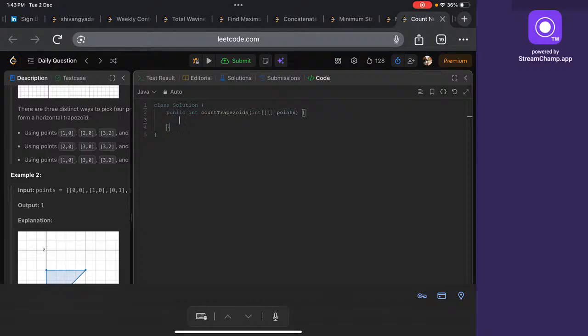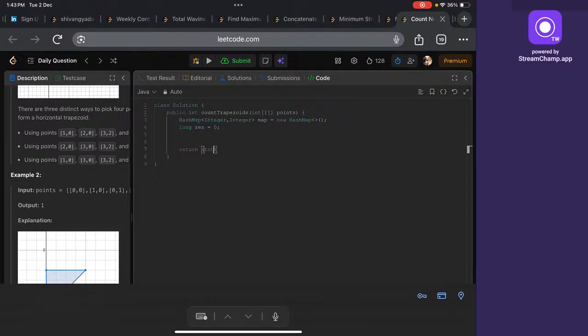We need a hash map of integer, comma integer, and result long res equal to 0, return res int of res.